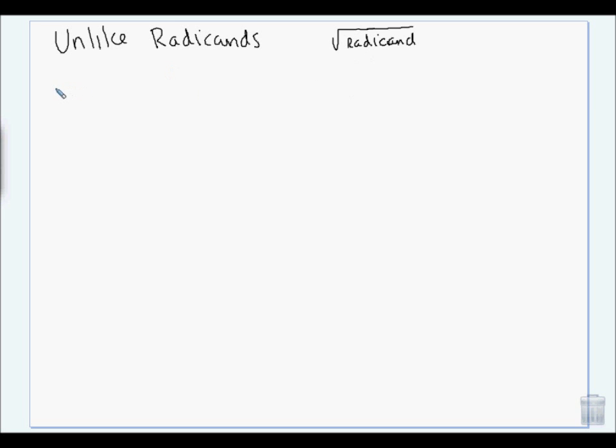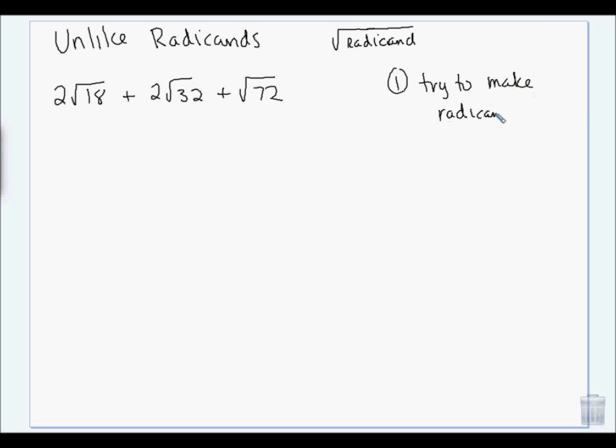Okay, so when this happens, we have to try to make them match. So our first step is to try to make the radicands match. Try to make them like terms.